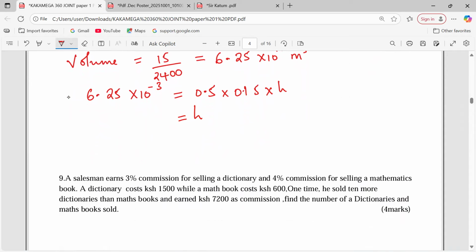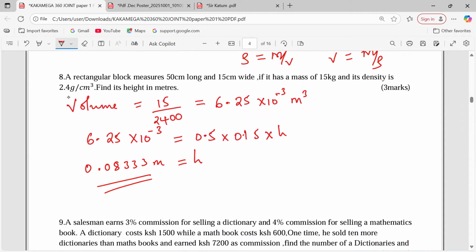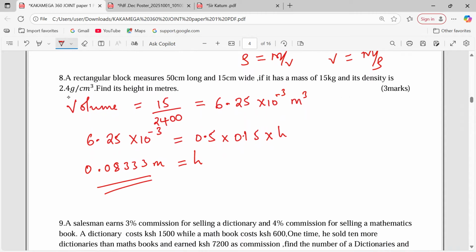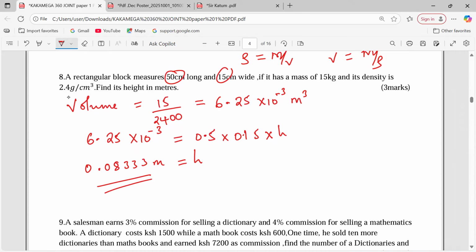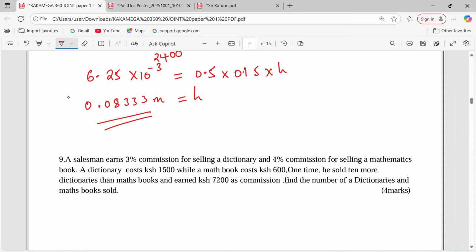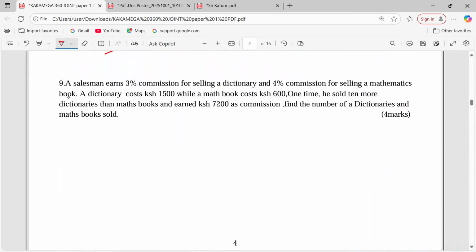I hope we are together in the conversion. 0.08333 meters. That is the height in meters. I hope we are together in the conversion of these dimensions and also these ones. So that's how we're supposed to work it out.